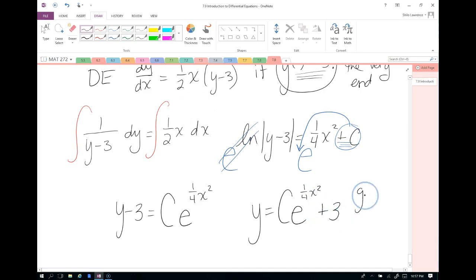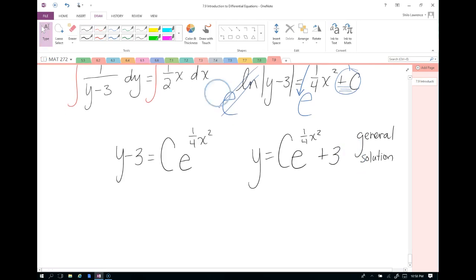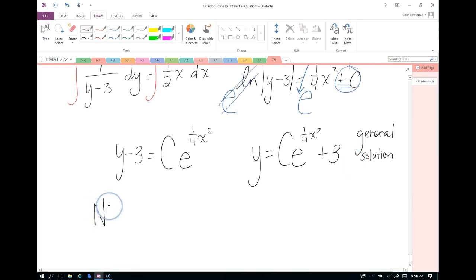This is our general solution, and this is what we have been doing in our last few examples. But now we've got an extra piece of information about this general solution. I know y of 0 equals 5. Y of 0 equals 5 means that when x equals 0, y equals 5.